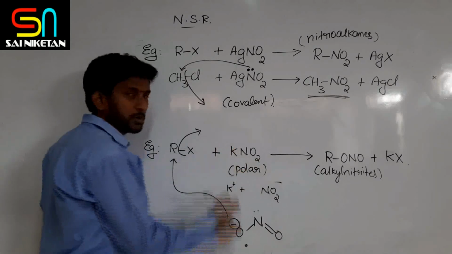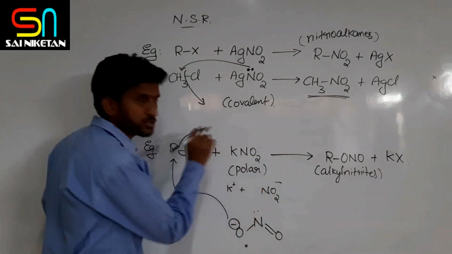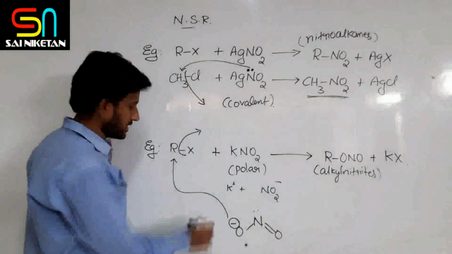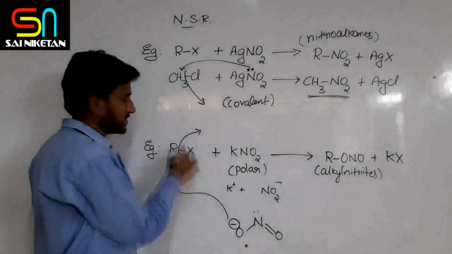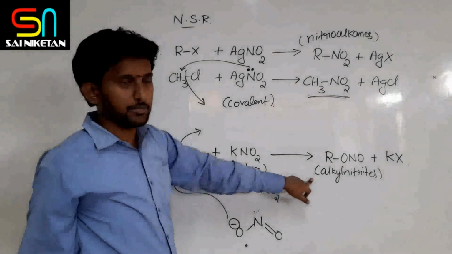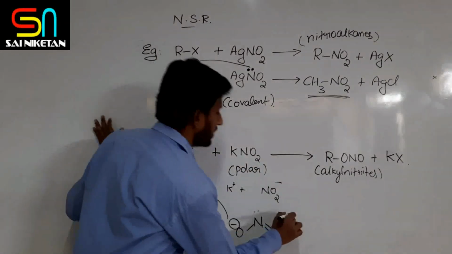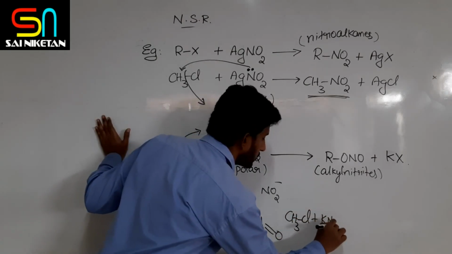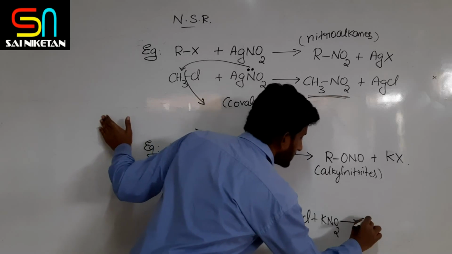Potassium nitrite is polar in nature. That means it dissociates to nitrite ions. In the nitrite ion, oxygen carries the negative charge. This oxygen with negative charge is initiating the nucleophilic reaction. So you get alkyl nitrites as a major product. Example, methyl chloride when it reacts with KNO2, what is the product you will get?